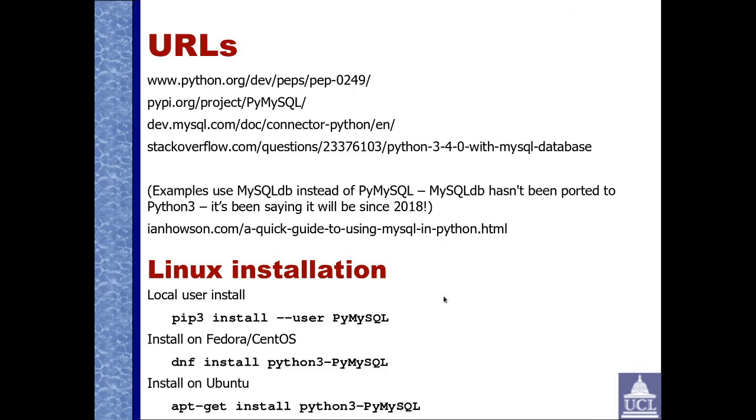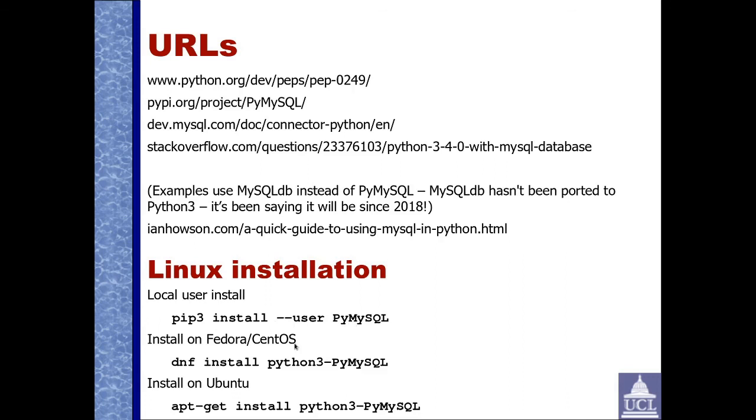If you're using Linux and you are on your own machine, so you don't have these things installed already, then you can install PyMySQL locally as an end user with pip3 install --user PyMySQL.